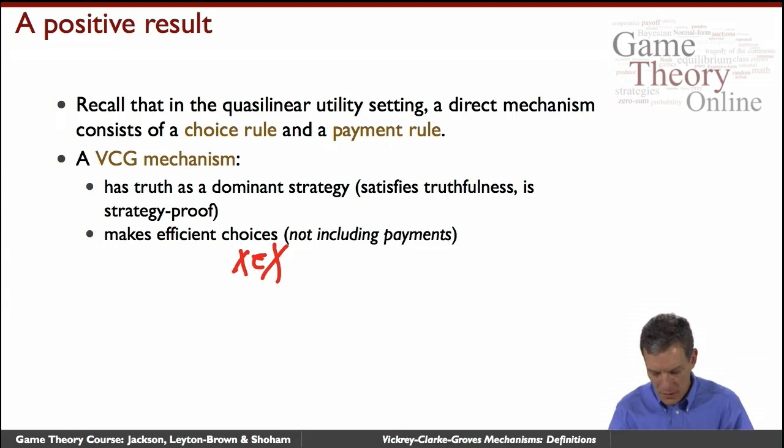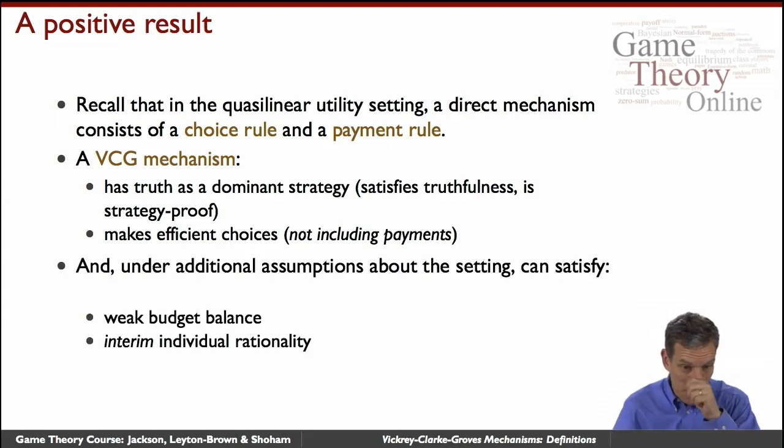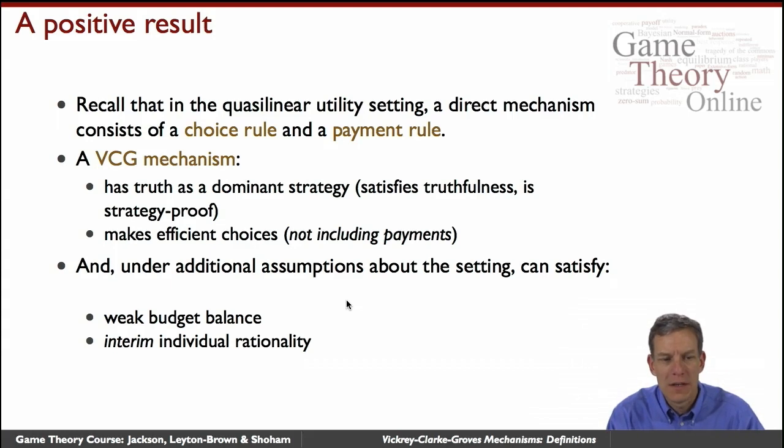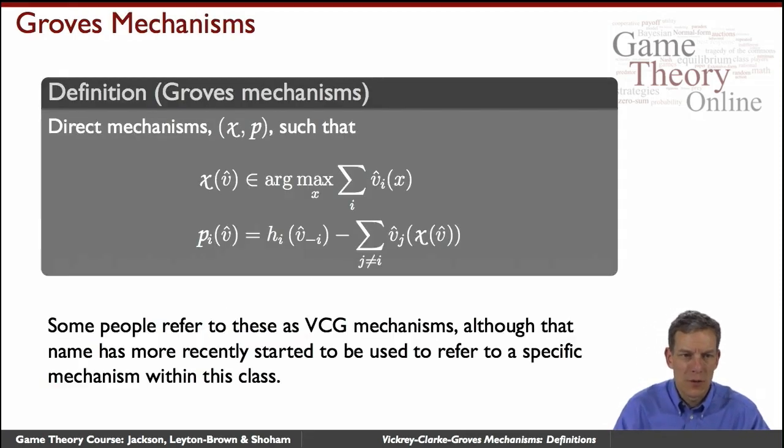Quasi-linearity is going to make things go for us. Okay. Under some particular settings, we'll be able to get additional things like a weak budget balance condition, interim individual rationality, other kinds of nice things coming out. But more basically, the key ingredients here are going to be dominant strategies and efficiency.